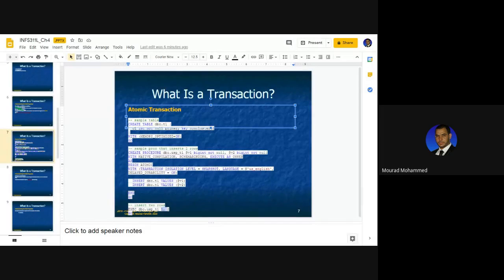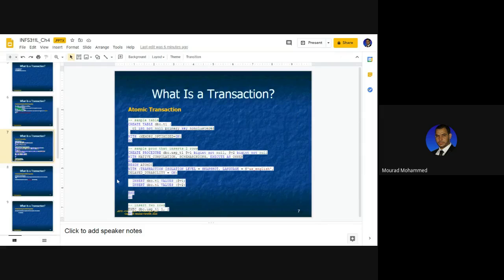This way, those two insert statements would be executed all together, and if they fail, the stored procedure would fail, meaning both would fail. Atomic. This is one of the good examples where we see an atomic transaction, or a transaction being atomic.